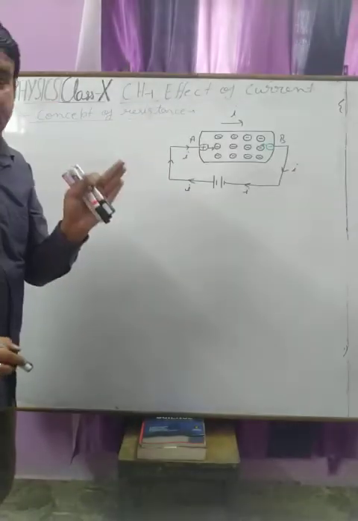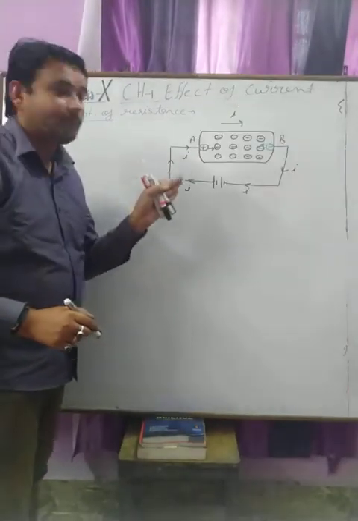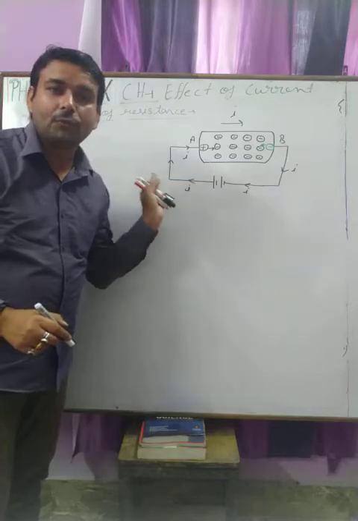So resistance is the obstruction offered by the conductor in the flow of current.